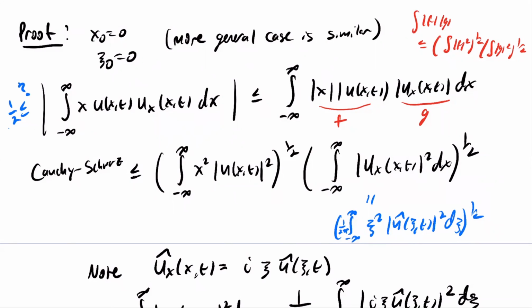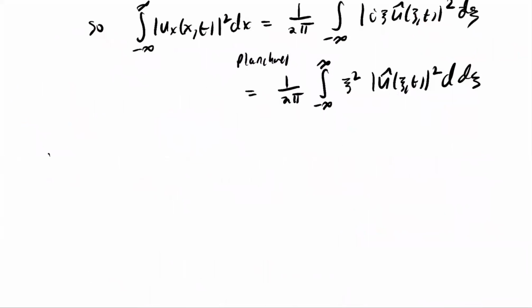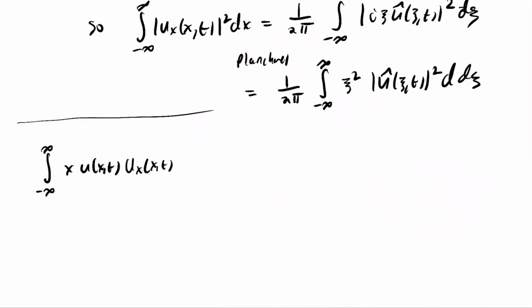Okay, and so finally, just to show this last bit, we just have to integrate by parts. And so we're looking at the integral from minus infinity to infinity of x times u of x,t times u_x of x,t dx, right?